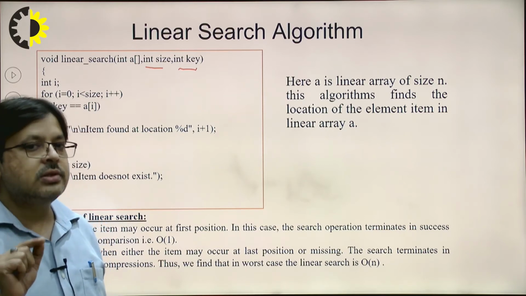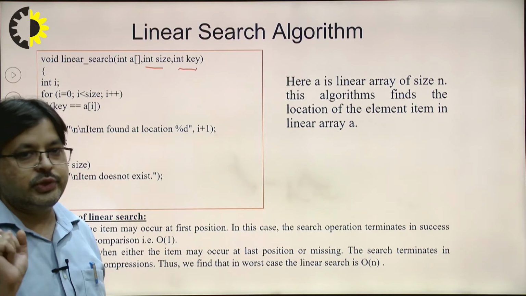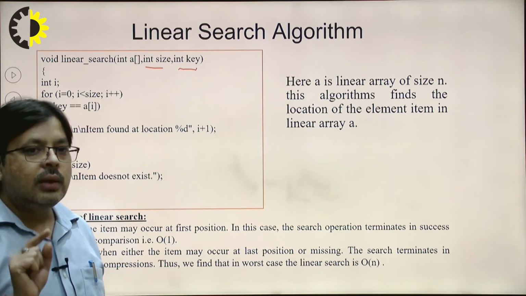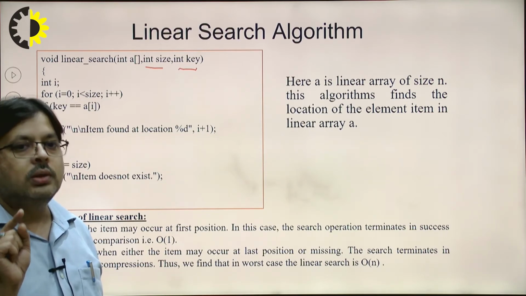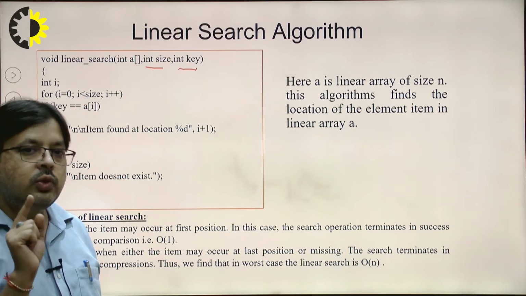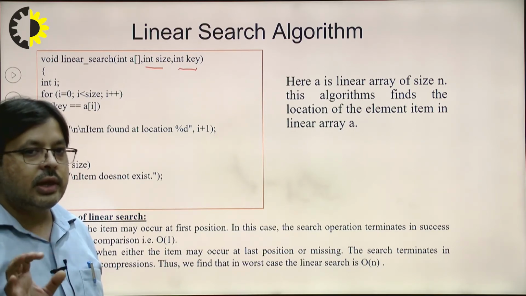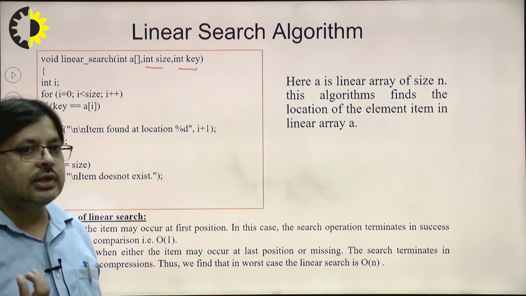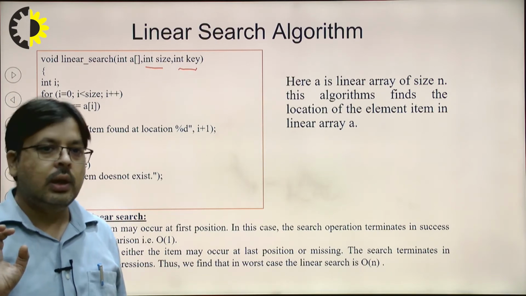Best case means if our desired element is found in the very first position, then there will be order of 1 complexity, because you use only one comparison to find the desired element. So this is the best case of this searching technique, right?